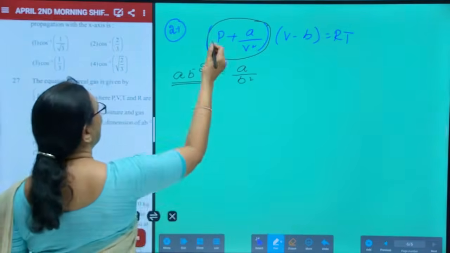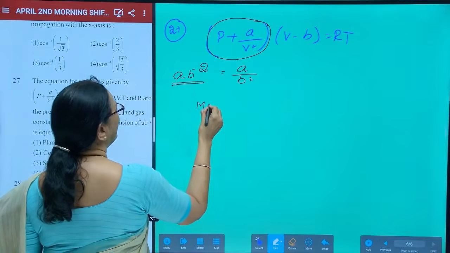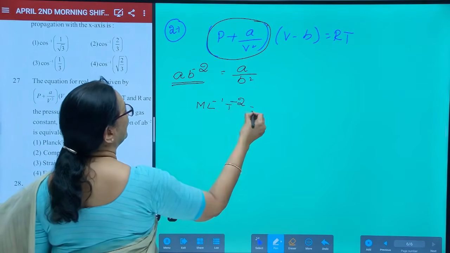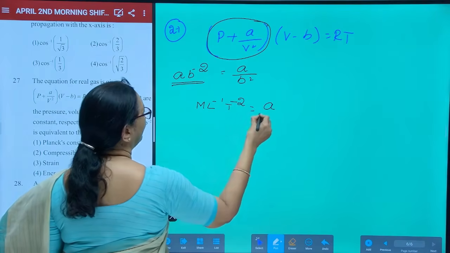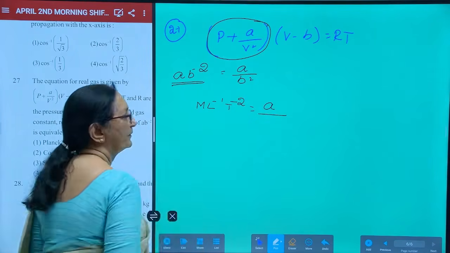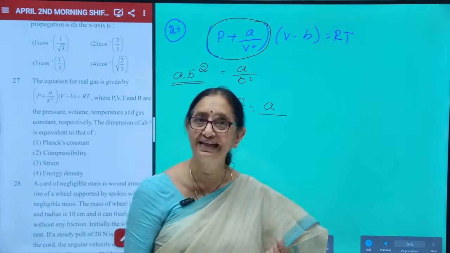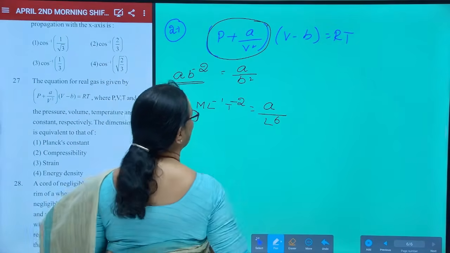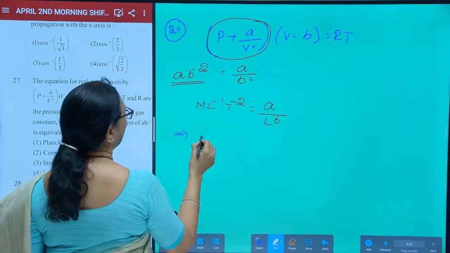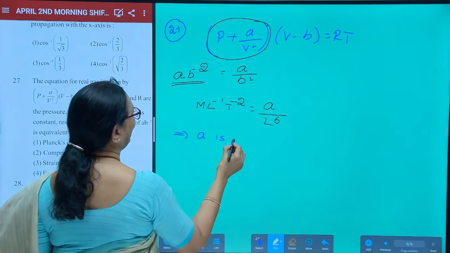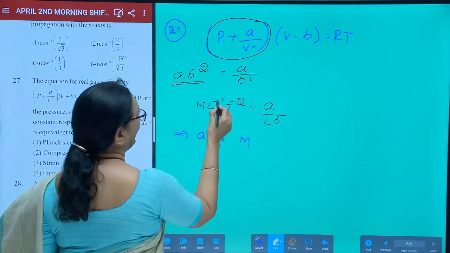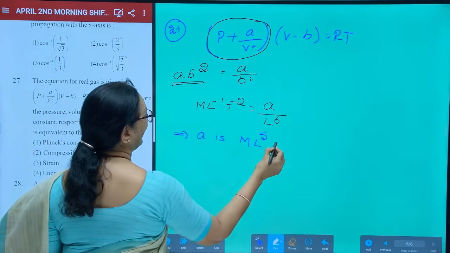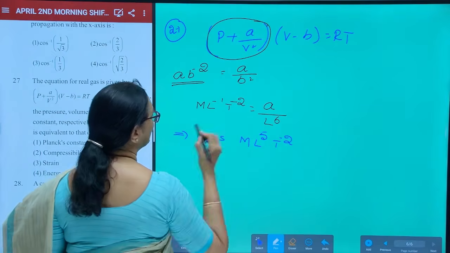The dimensional formula for P is M L to the power of minus 1 T to the power of minus 2. A we do not know, we need to find it out. Volume's dimensional formula is L cube, so V square is L to the power of 6. This implies the dimensional formula for A is M L to the power of minus 1 into L to the power of 6, that is M L to the power of 5 T to the power of minus 2.